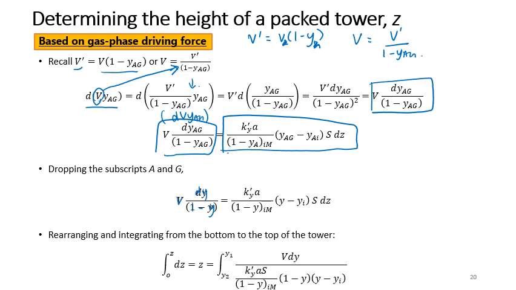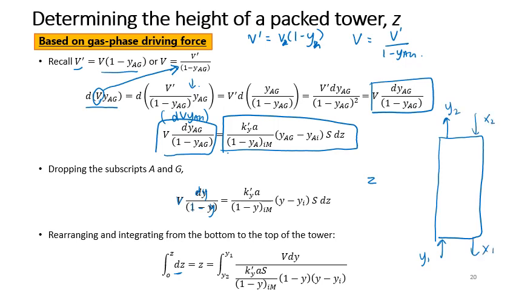Then your goal is to find z. So you rearrange the equation, put dz at the left hand side, and integrate from 0 to z. So here you visualize, this is your tower, here is your y1, here is your y2, here is your x2, here is your x1, but the x1, x2 here do not matter, because we are talking about the gas phase driving force.